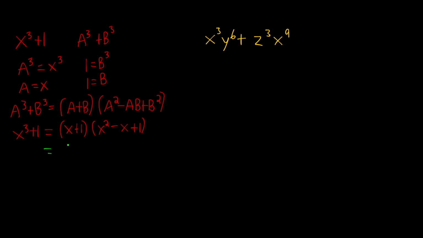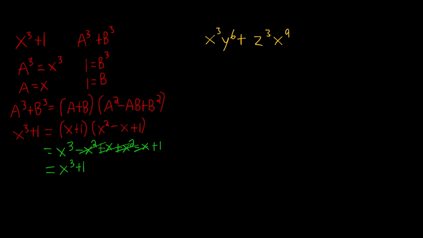Expanding it means that we're going to distribute to every term. So that's going to be x cubed minus x squared plus x squared minus x plus 1. Now our x squareds and x cancel, which leaves you with x cubed plus 1. So now we know that that factoring method does work for that term.